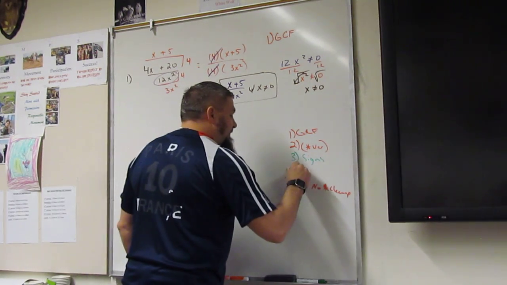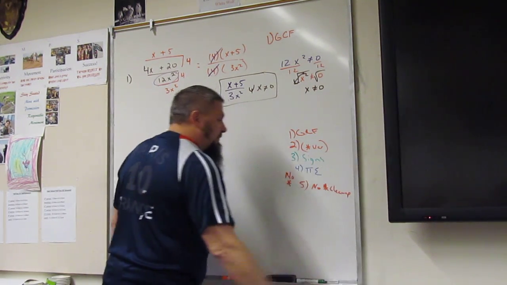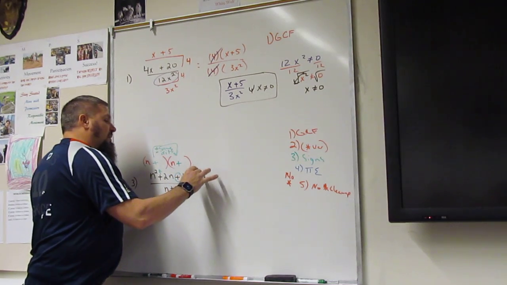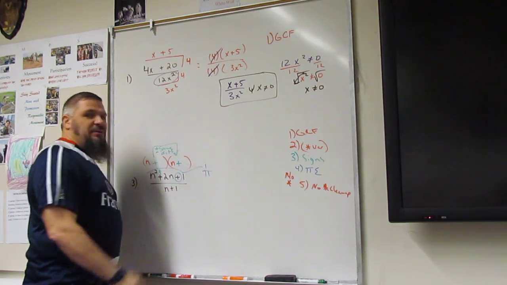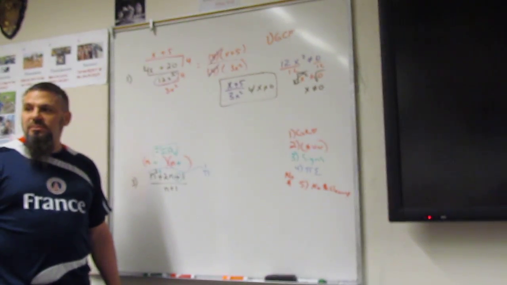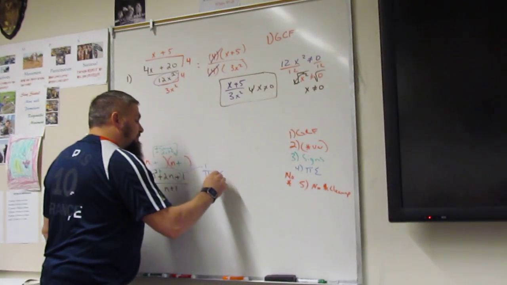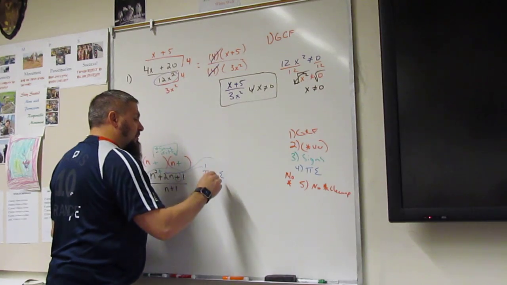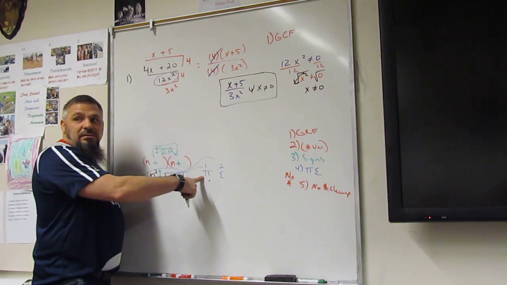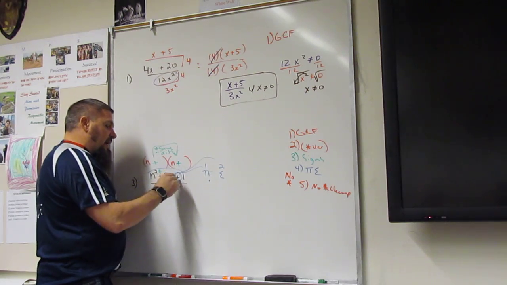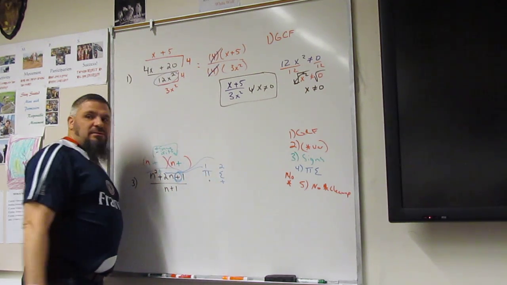And then you have your fourth step, product and sum. Now my product is the first times the last. That's 1 times 1, which is 1. Okay? My sum is the middle number. So I need two numbers that multiply to be 1, but they add to be 2.